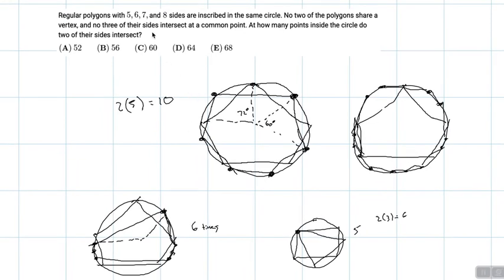And we're given that no 3 of their sides intersect at a common point. So we can think about just 2 polygons at a time. So the points where we know that no 3 of their sides will intersect at a common point, so just 2 of their sides will.